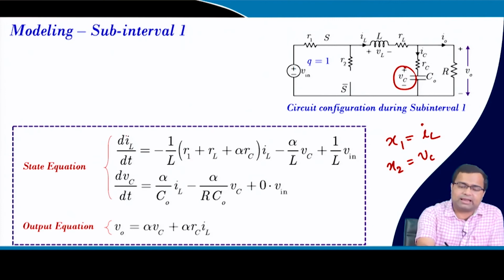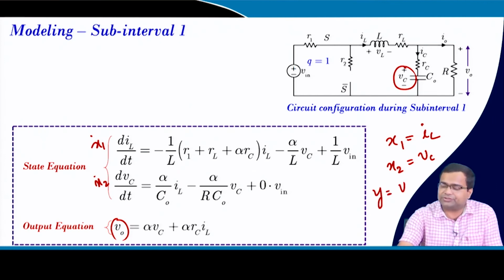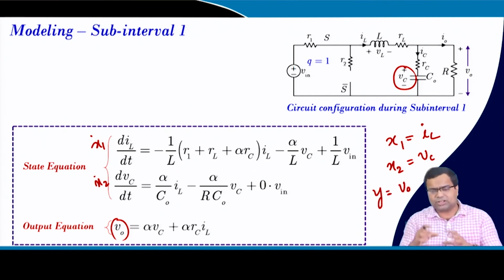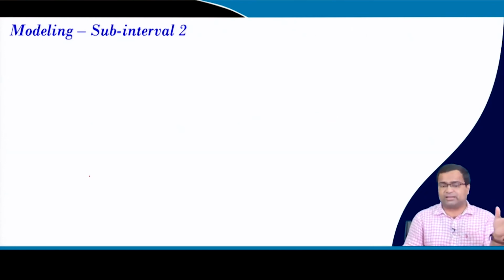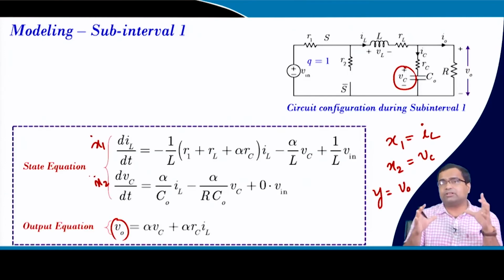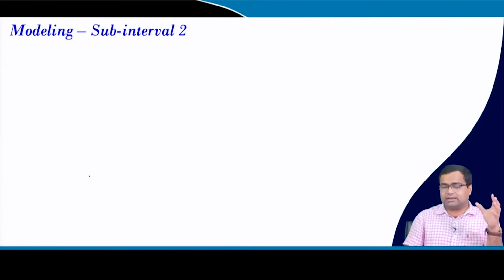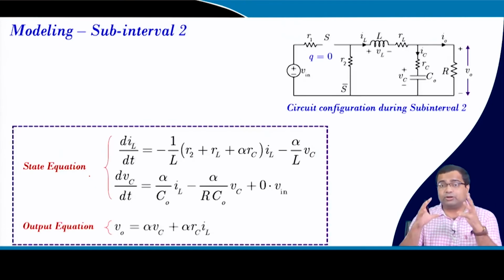Okay, and then you can write x1 dot, x2 dot, and for the output y I am taking V0. So, you can write the state space model for 2 different switch configurations, that means sub interval 1 when the switch is on, and then you can write the same equation for sub interval 2 when the switch is off.